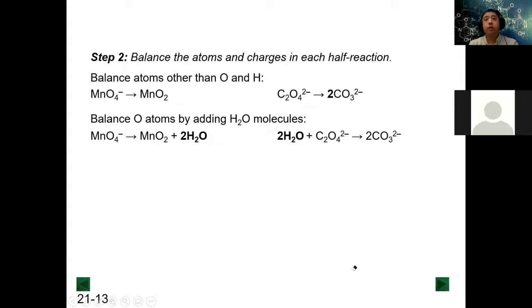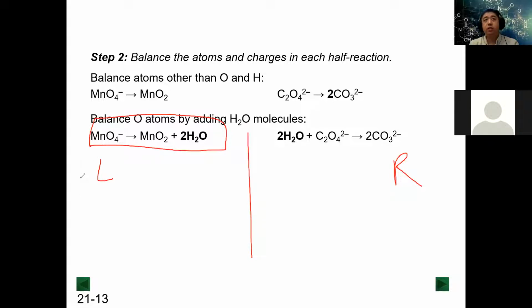Okay. Once I've added the oxygens, I need to add in my hydrogens. So how many hydrogens am I adding? Let's call this left side and right side. On the left side, where am I adding the hydrogens? To MnO4 or to MnO2? To MnO4, okay? So this is the side that's going to receive the hydrogens.